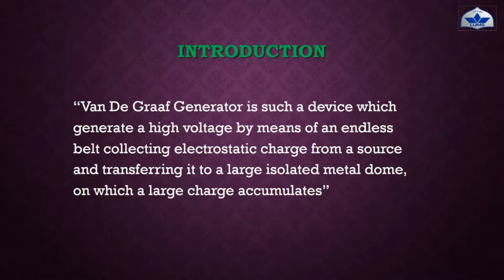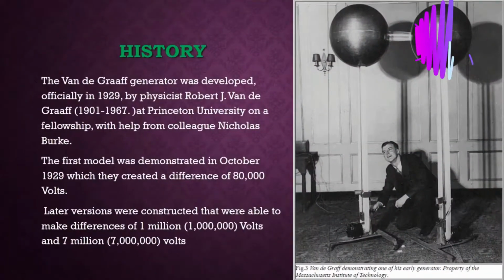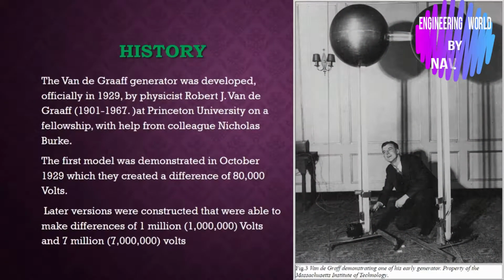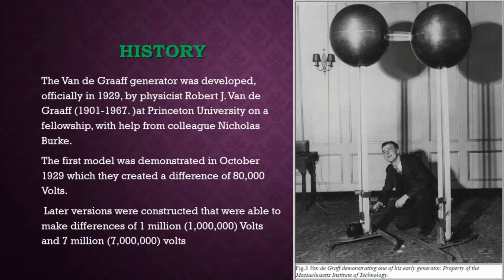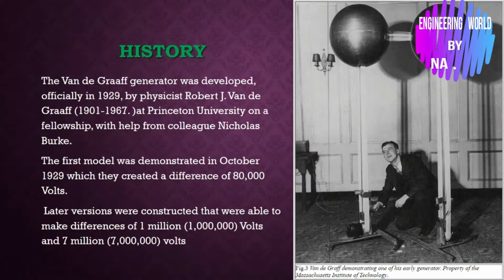So now let's come toward the history of Van de Graaff generator. The Van de Graaff generator was developed officially in 1929 by physicist Robert J. Van de Graaff, 1901 to 1967, at Princeton University on a fellowship, with help from one of his colleagues, Nicola Gorky.